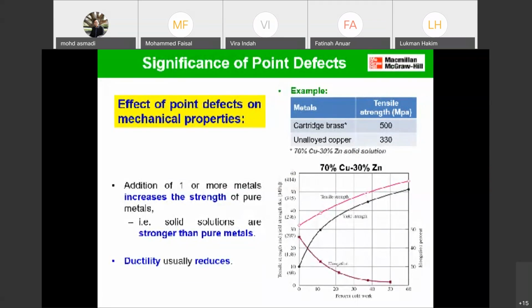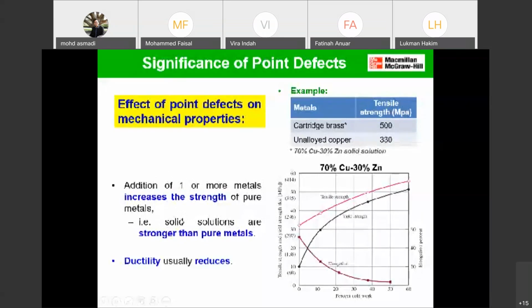If we compare two metals, cartridge brass, an alloy of 70% copper and 30% zinc, has a tensile strength much greater than unalloyed copper: 500 megapascals compared to 330 megapascals. So the addition of one or more metals increases the strength of pure metals.